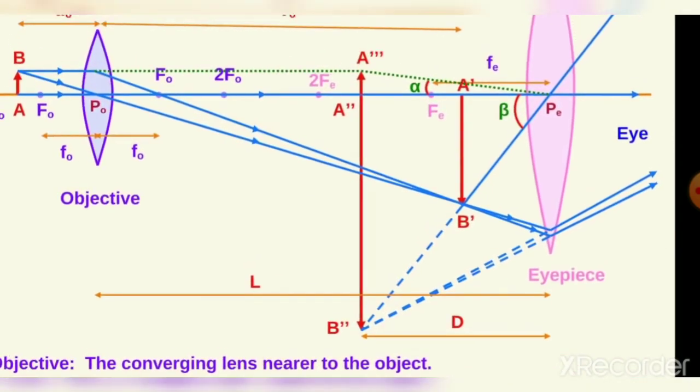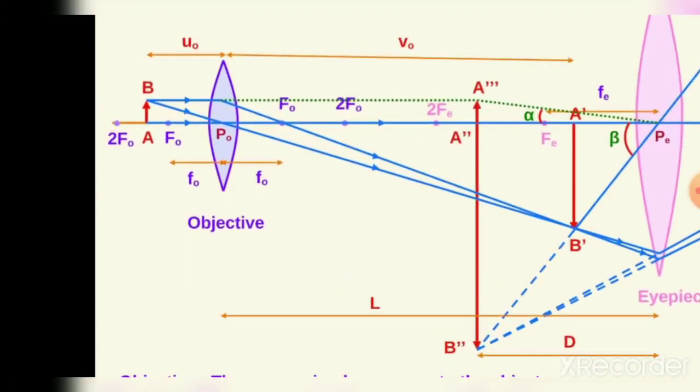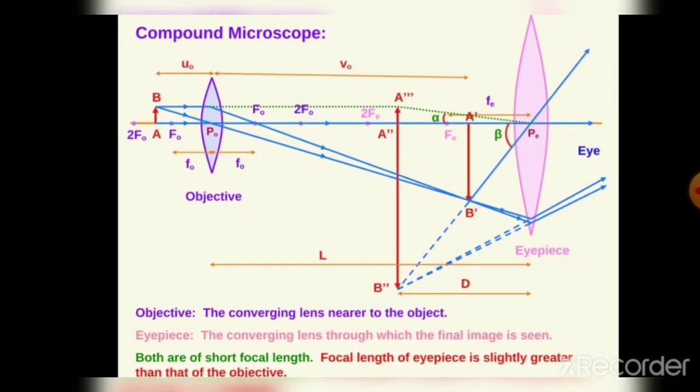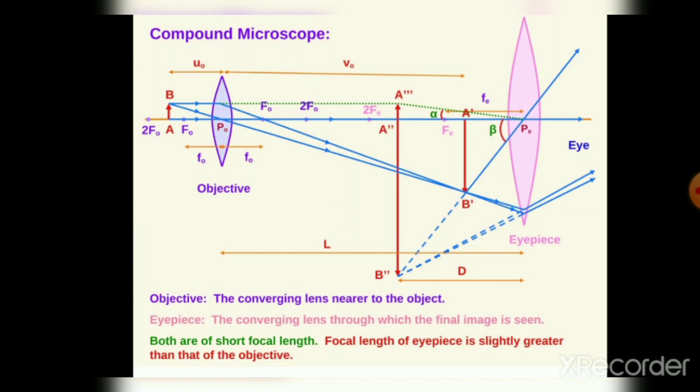See, here AB, so it is inverted, real and magnified. Moreover, this image acts as the object for the eyepiece, and the eyepiece behaves as a simple microscope, giving a virtual magnified final image.